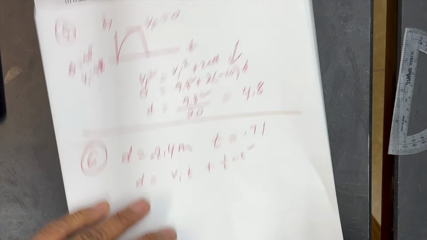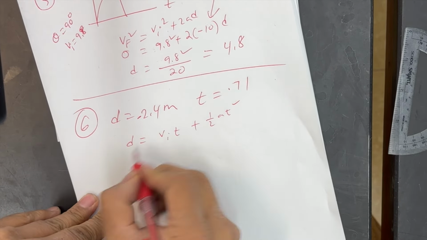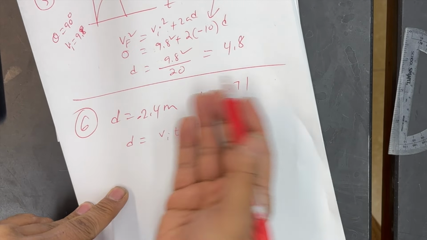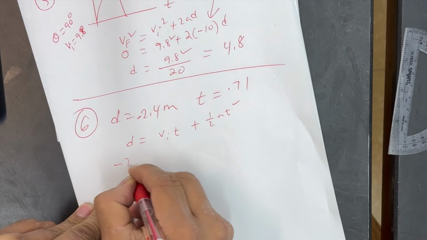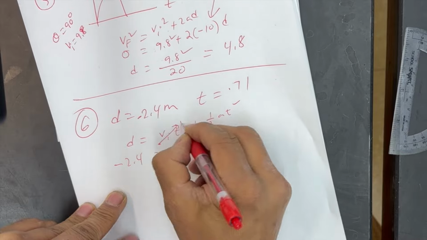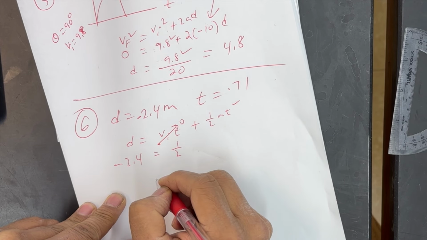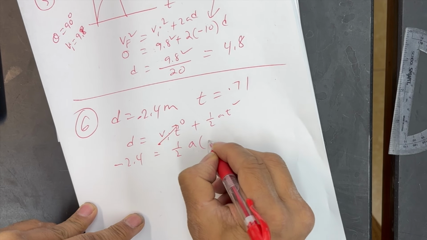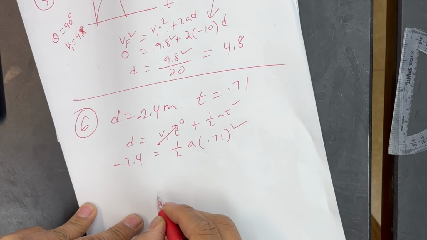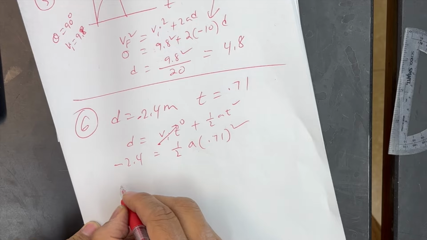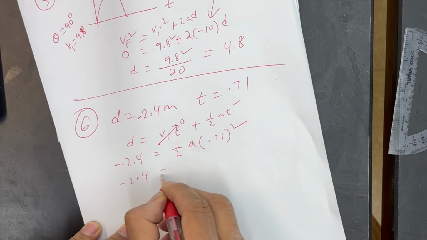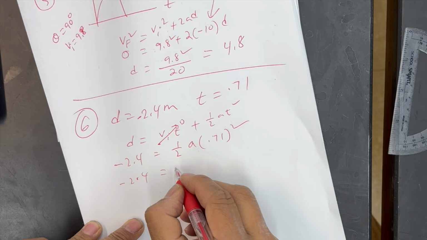When you drop something it is negative, but you don't have to write negative. Yeah, it's good to write negative. The initial velocity is 0. You are trying to find the acceleration. The t is 0.71 squared, right?